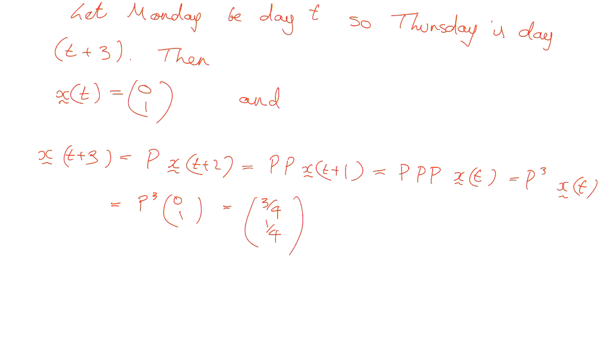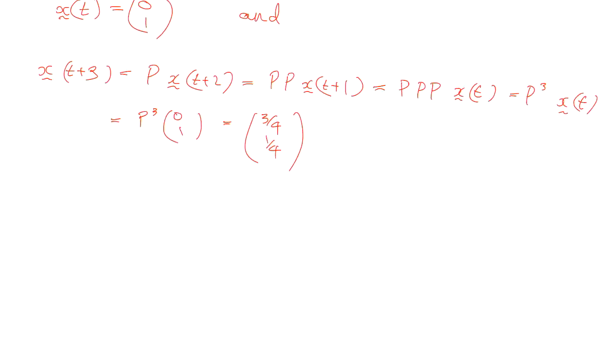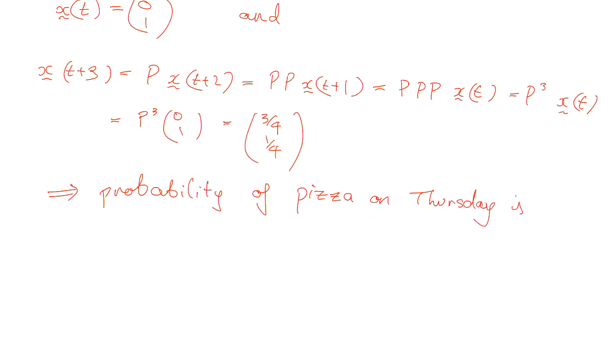And you find that the probability of having sushi is 3/4 and pizza is 1/4 on Thursday. So the probability of this person eating pizza on Thursday, given that they had it on Monday, is only 1/4.